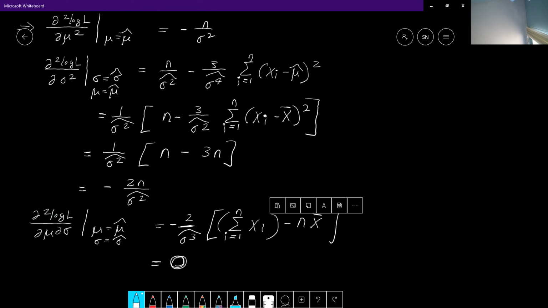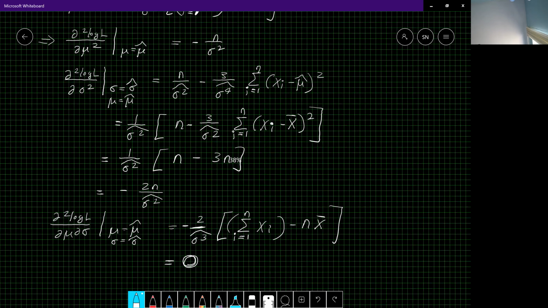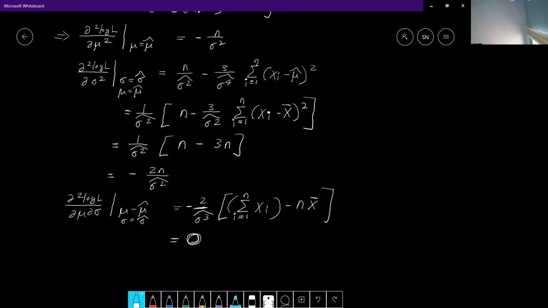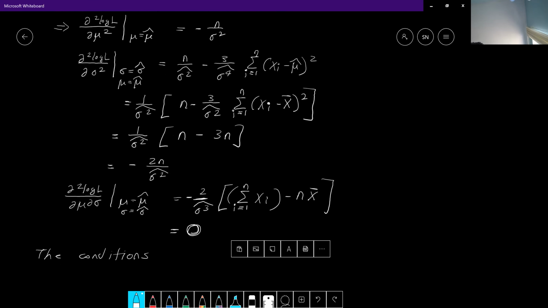The first condition, remember, must be that the second order partial derivative of the log likelihood with respect to mu at mu equal to mu hat must be negative.